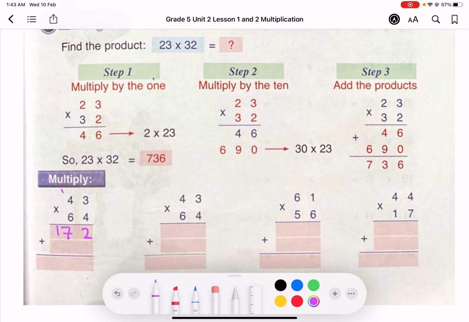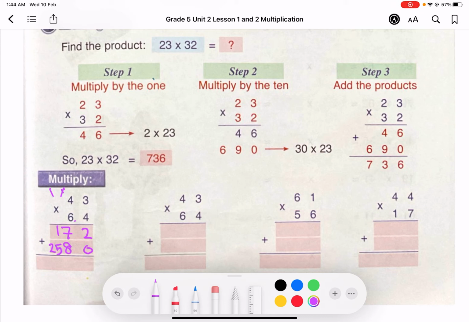Now when you go to the second line, you should know that we are multiplying tens. This 6 is in the tens place, so that means it has 0. So I will drop the 0 at the beginning. Then you will say 6 by 3, 18, 8 and 1 above. 6 by 4, 24 plus 1, 25.